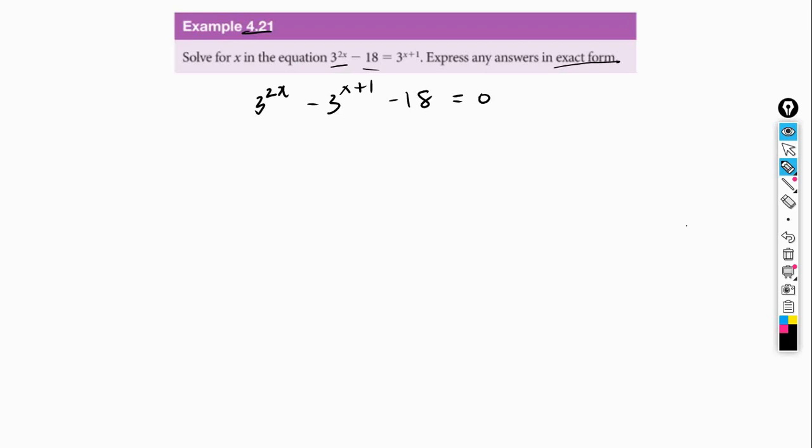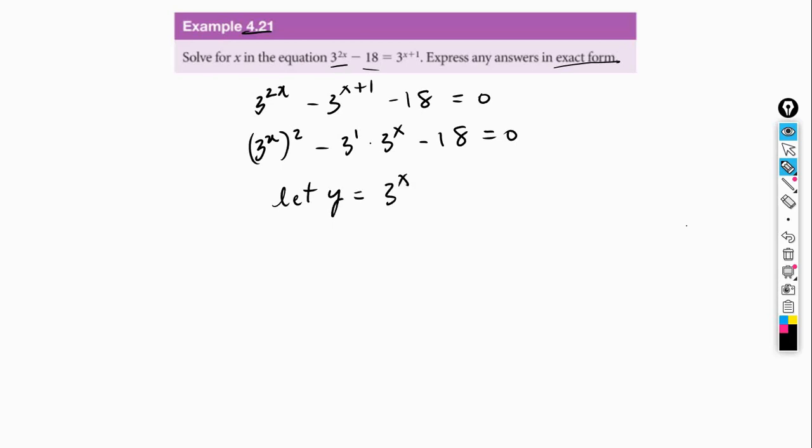Whenever you see a 2 in an exponent, suspect that you have a quadratic function. Notice that we can rewrite it as 3 to the x squared minus 3 to the 1 times 3 to the x minus 18 equals 0. So these are just power rules that I'm applying. Now to get a better picture, we can say let y equal 3 to the x.